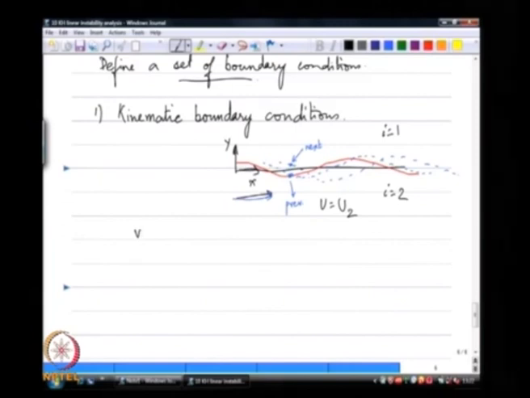So, the first set of boundary conditions, which are called the kinematic boundary conditions, basically say that the y direction velocity of the particle is given by the rate of change of eta plus u d eta dx.